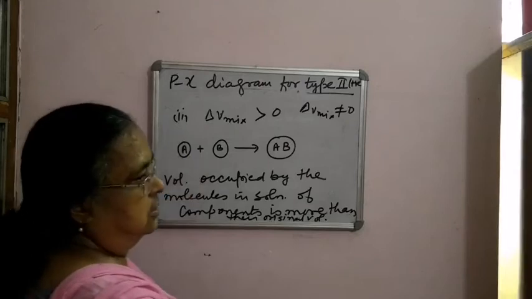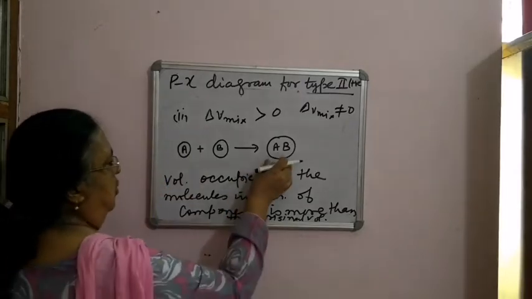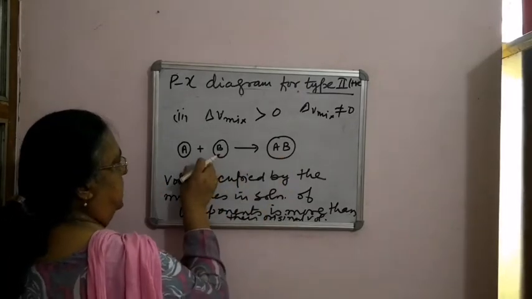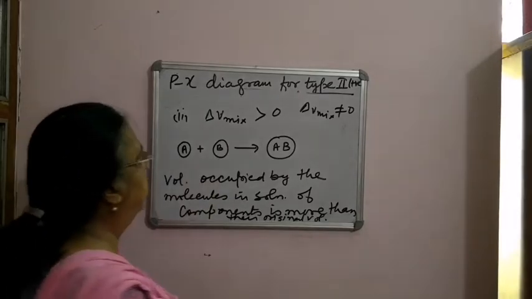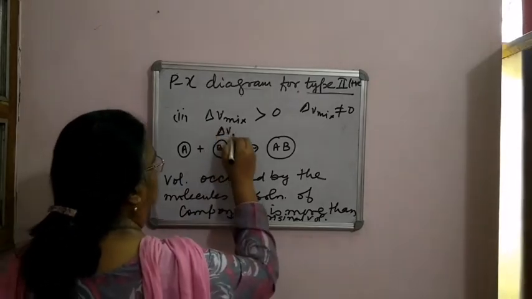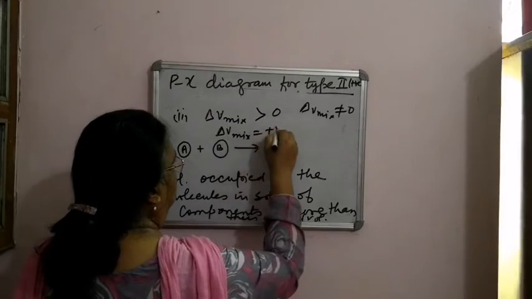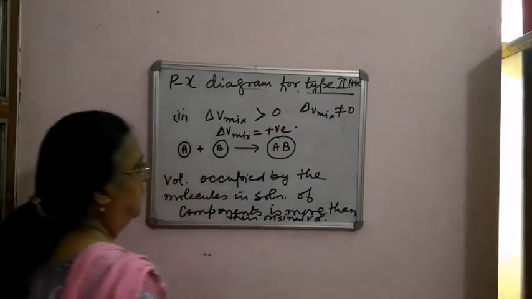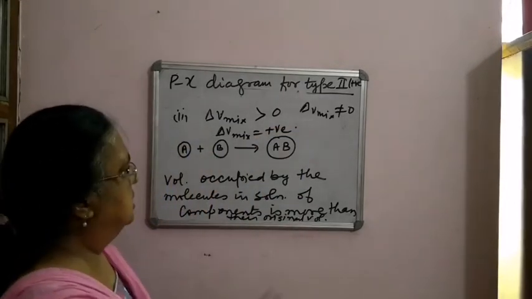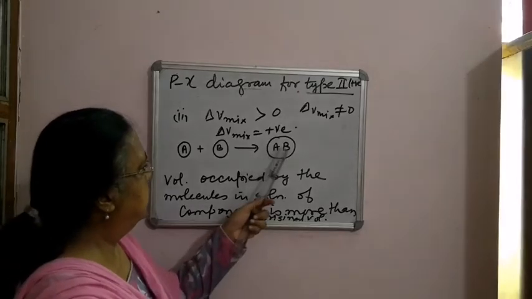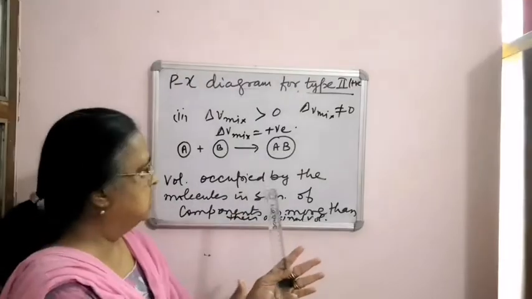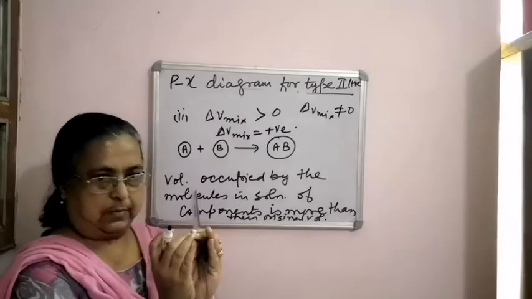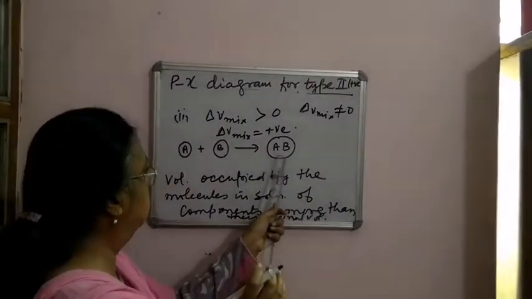Final volume is more, initial volume is less, so the difference will be positive. So delta V mixing will always be positive. The reason is the same: intermolecular interaction is weak, so they occupy more space.